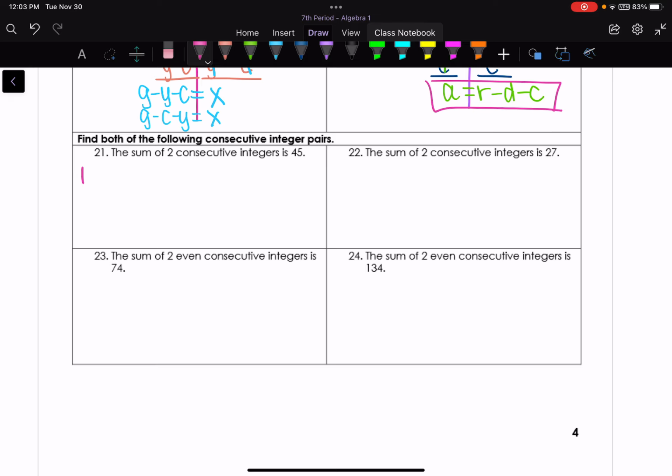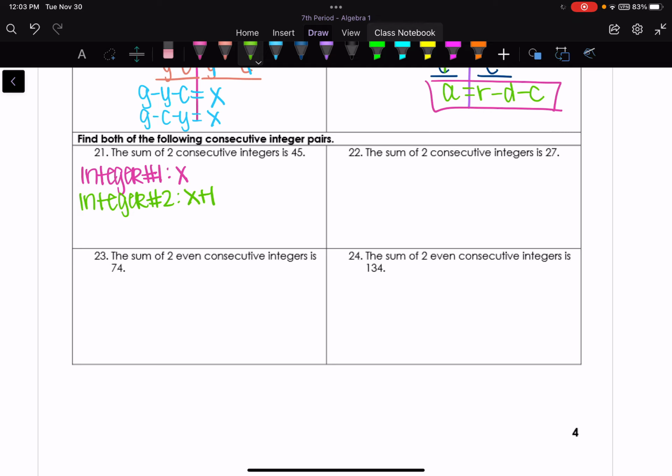So we have integer number 1. We don't know what integer number 1 is, so we're going to label that as x. Then we also have integer number 2. If it is the following integer from the first number, it would be x plus 1. So think about it. If we're trying to go from 19 to 20, we're just adding 1.